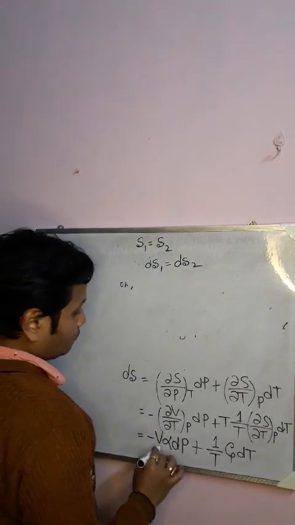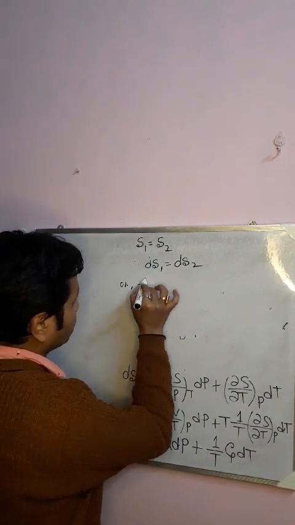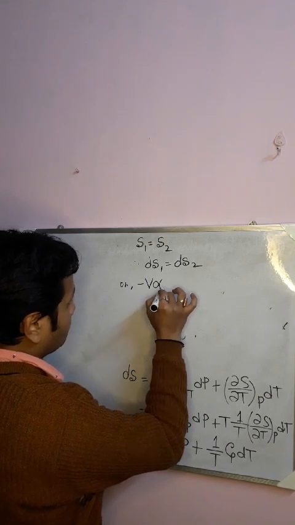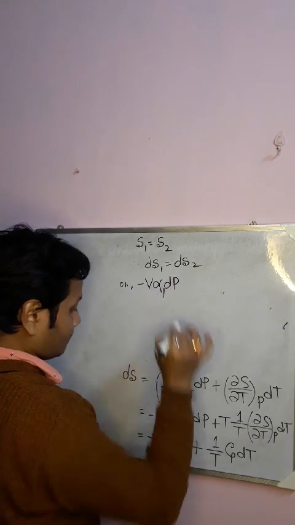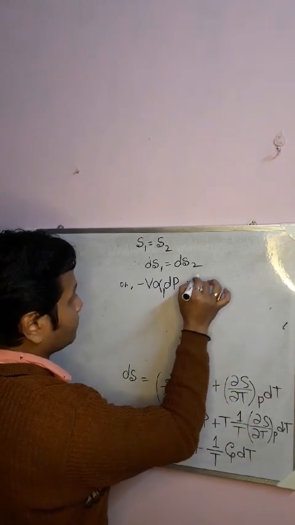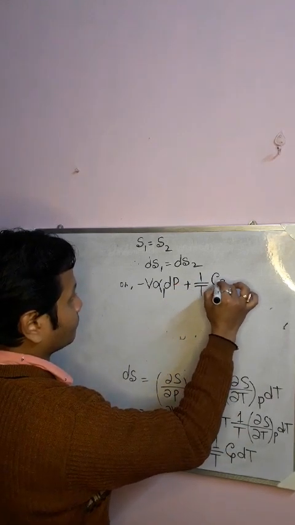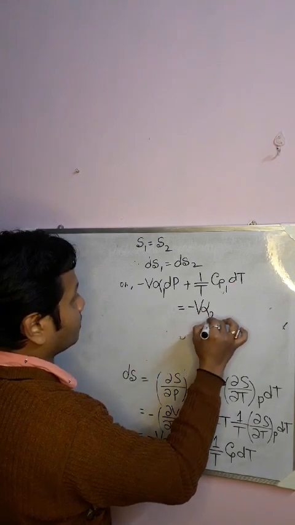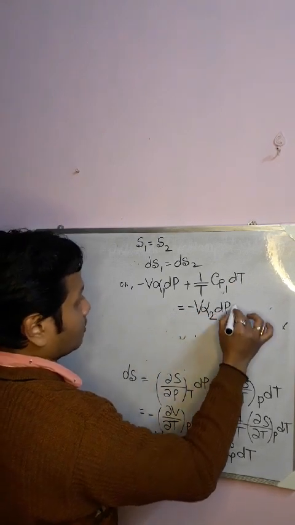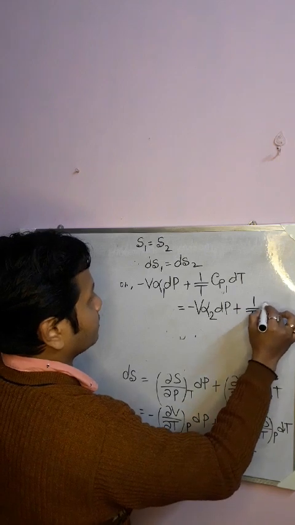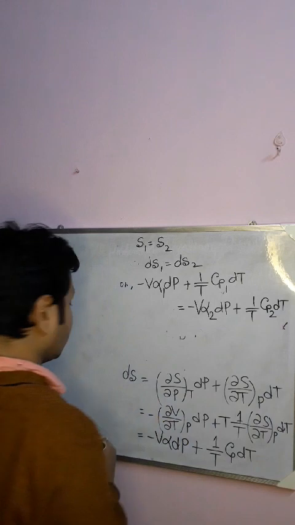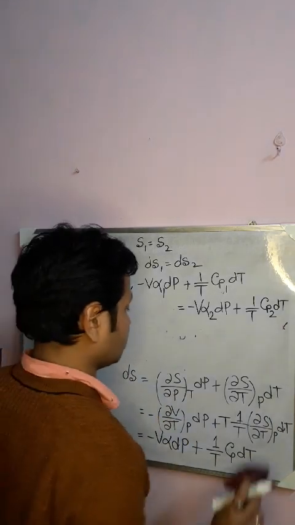For the first state, volume remains constant and alpha becomes alpha 1, this is dP, and Cp becomes Cp1 dT, and this equals minus V alpha 2 dP plus 1 by T Cp2 dT.